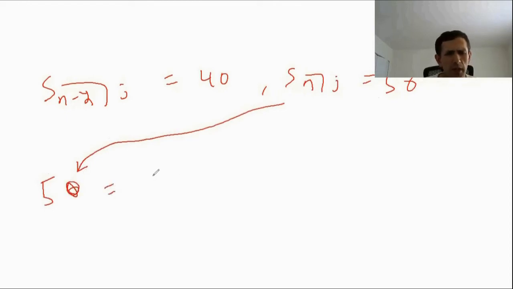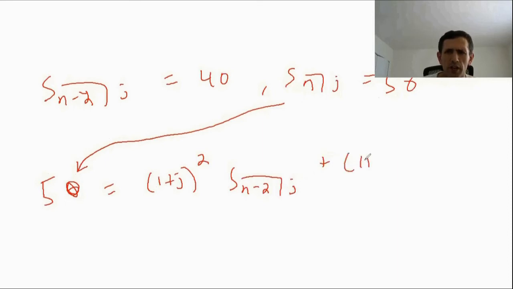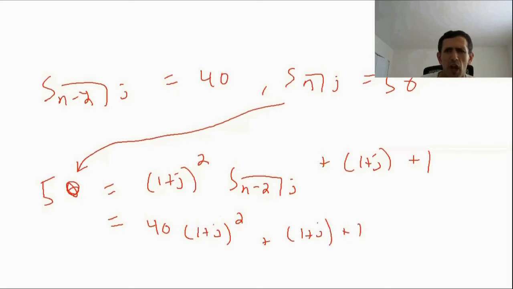So it's going to be 1 plus j squared times S_n minus 2j plus 1 plus j plus 1. Well, plug in, this is going to be 40 times 1 plus j squared plus 1 plus j plus 1.